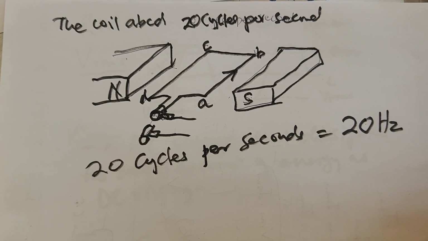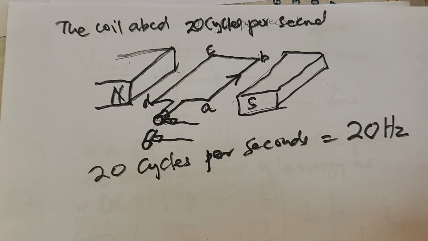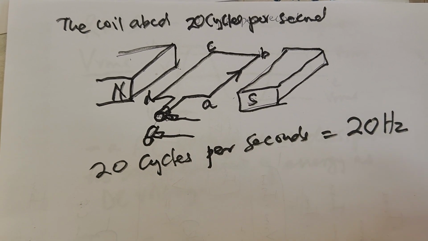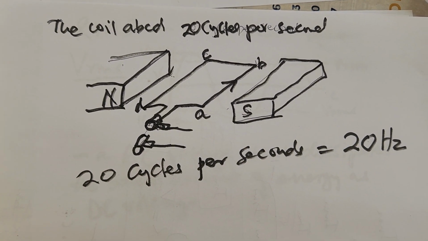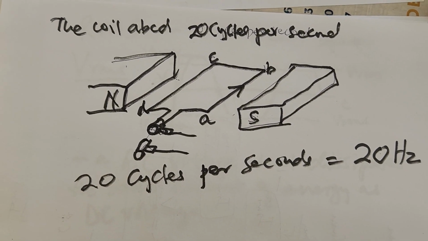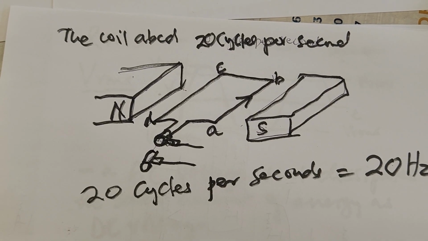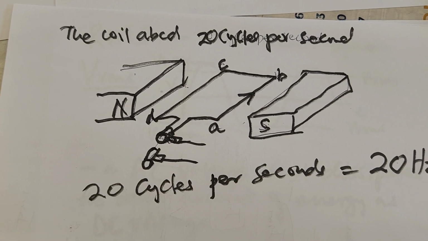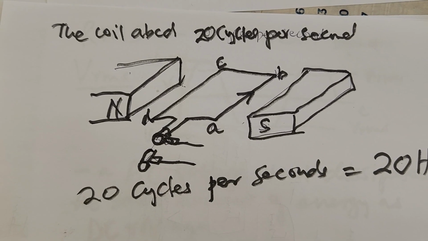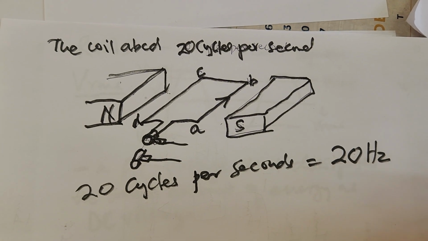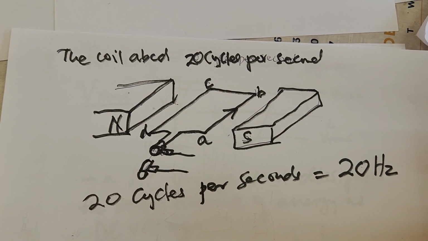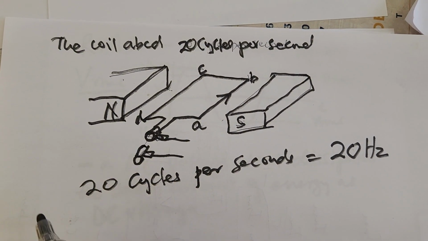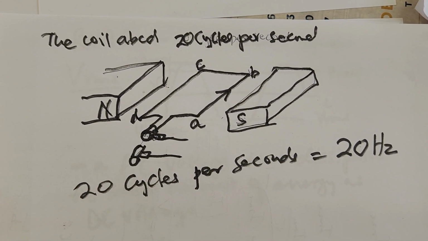The first one: what type of electrical machine is represented by the diagram above? In this case we have the energized coil, and the current is given. Therefore, this machine is a generator.